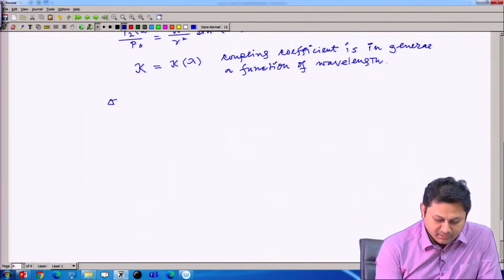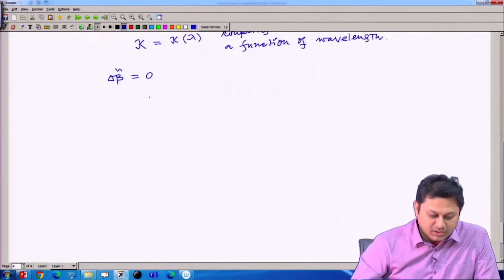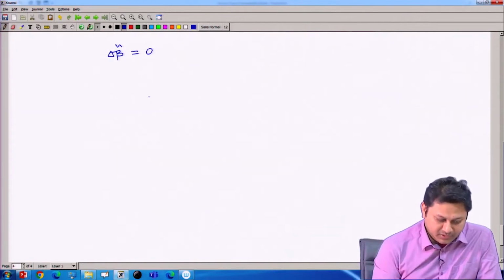Now, to make life simple, let us consider delta beta tilde equal to 0. If I put delta beta equal to 0, then the expressions are simpler.